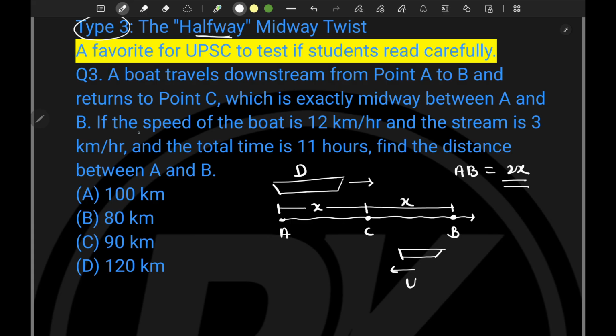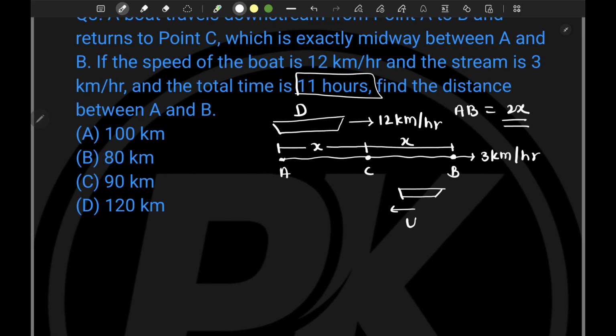Now what they have given: the speed of the boat is 12 km per hour, and the speed of the stream is 3 km per hour, and the total time is 11 hours. Now what is this total time? The boat is going from A to B and then coming back to C. This total time is 11 hours.